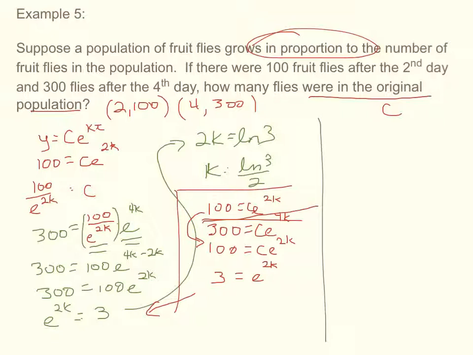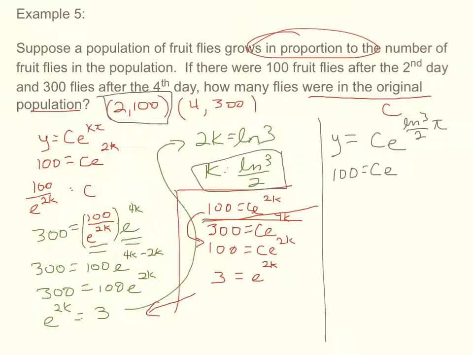So I'm going to come over here, and Y equals C e to the kt, and we said that K was the ln of 3 over 2. And using one of our points, I'm going to choose to use the point (2, 100), but you could use either one. It wouldn't matter. So then Y is 100. We still don't know C. e to the ln of 3 over 2 times 2.